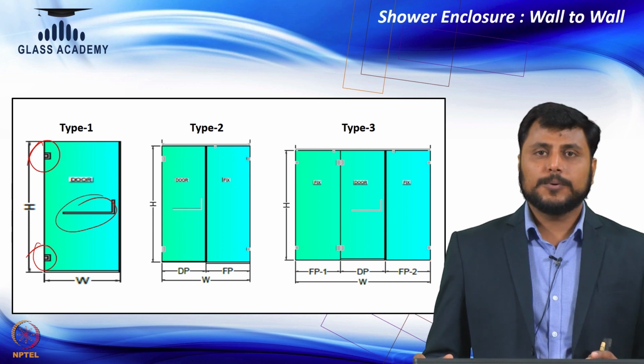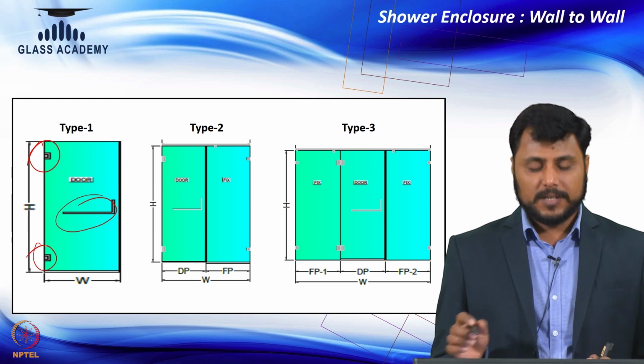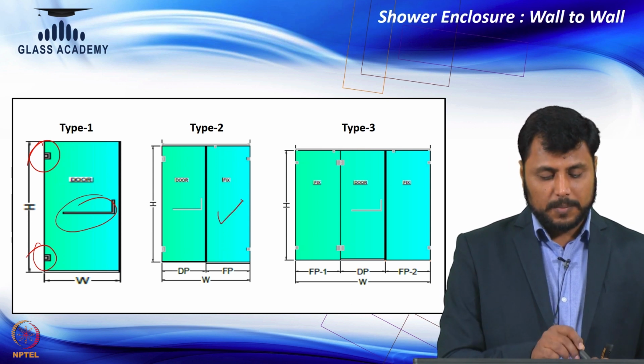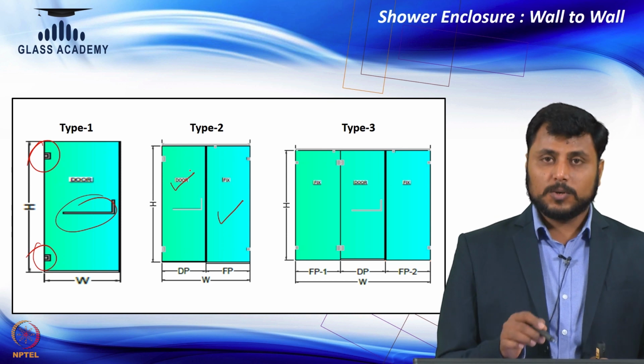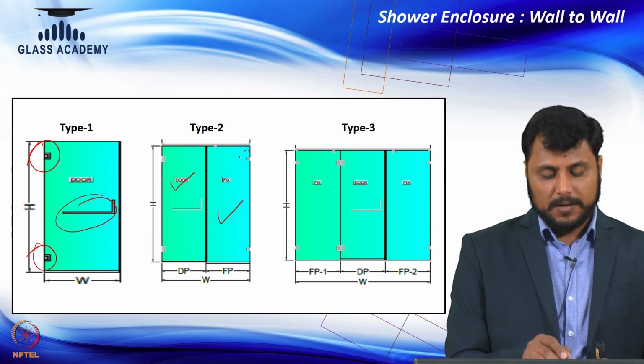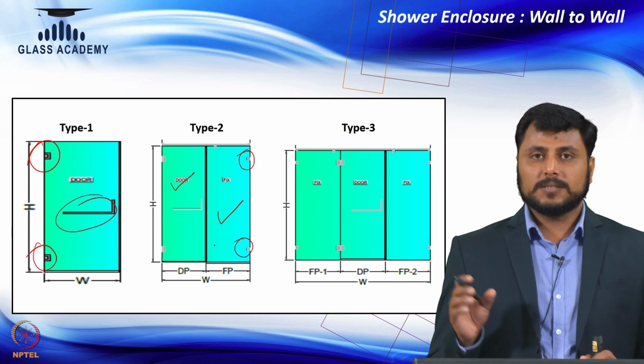Now, coming to type 2, you can see here there are two panels, one is the fixed panel part and one is the door panel. So, this is the fixed panel part and this one is the door panel. To fix the fixed panel, we need brackets here. So, one is here and one you can see here. So, this is the fixed bracket.